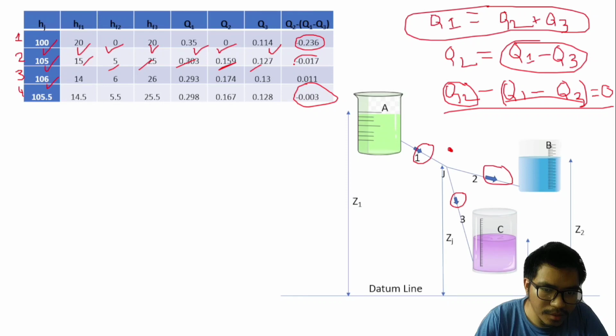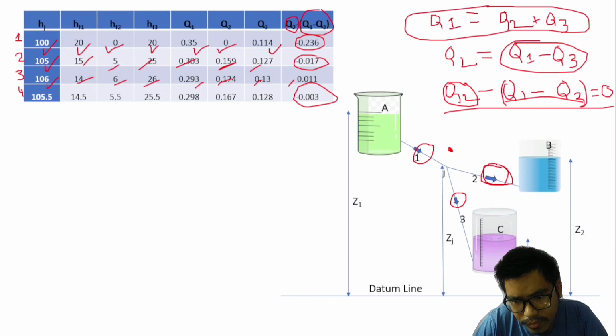So again we calculate this. It gives a positive value, meaning Q2 is greater than Q1 minus Q3. Since Q2 is greater, we have to decrease it to make the difference 0.